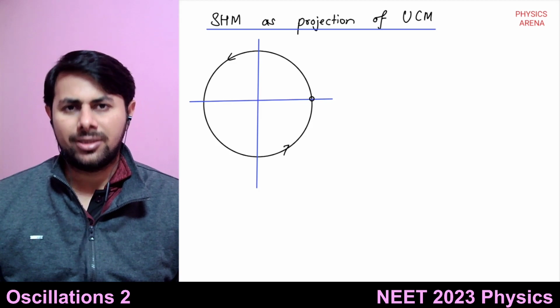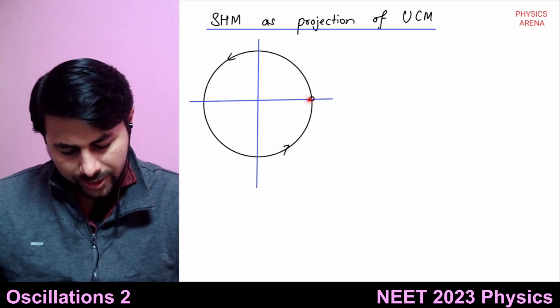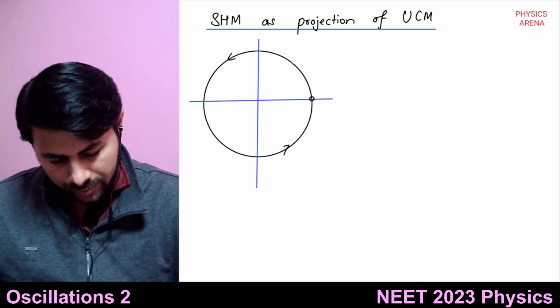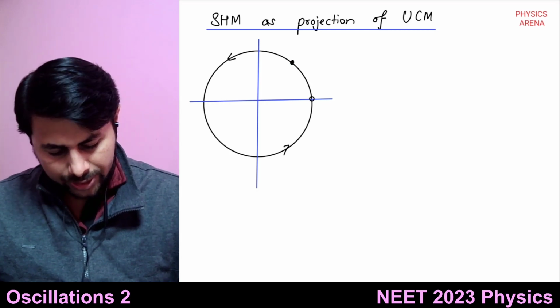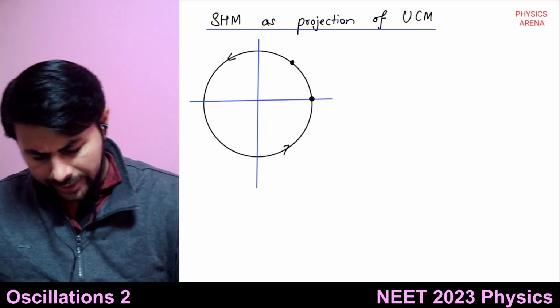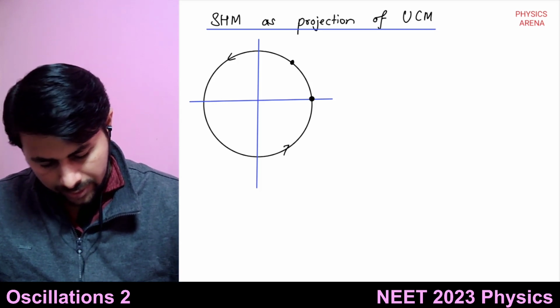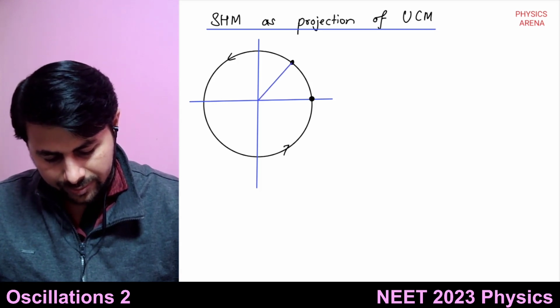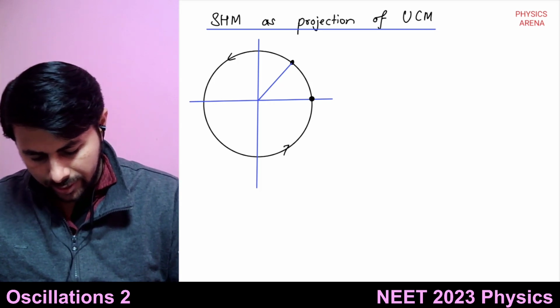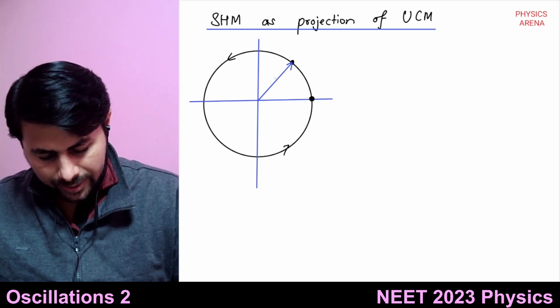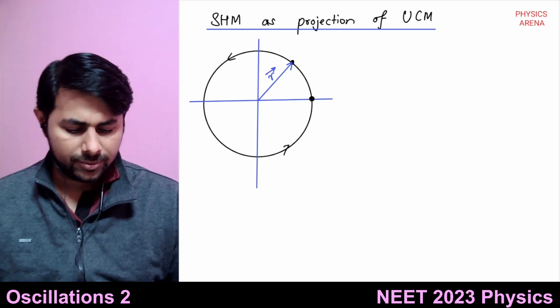So in some time t, it moves from this position to this position. Suppose this position. So let's consider its position vector. Okay, so r bar is its position vector.